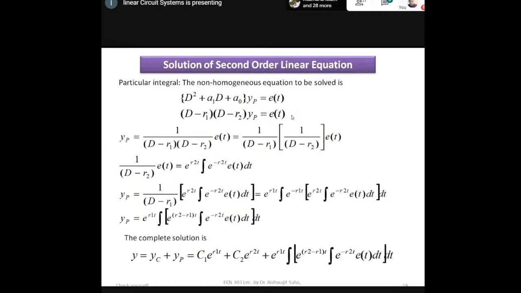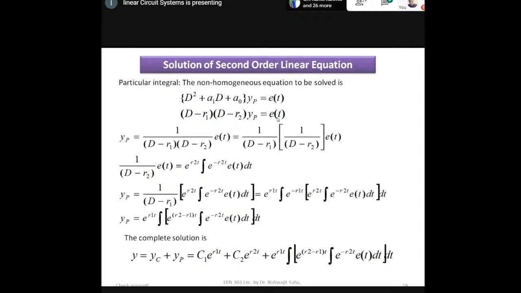Do we remember that YP was 1 over the operator applied to the right-hand side? Since this is a second order equation, we need to divide one term from another to make it simple. That's why we wrote 1 over D minus R1, D minus R2 into e of t. This is YP.